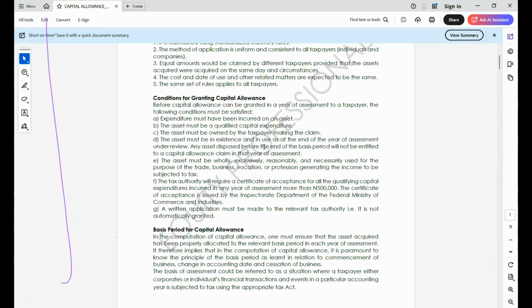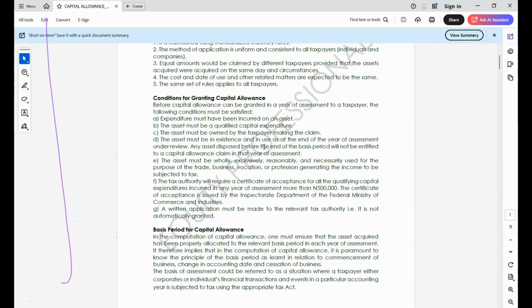Imagine you say, okay, I want to buy a particular QCE this year, and you are yet to buy it. It must be in existence, and you must use it throughout that year that you want to claim the capital allowance.